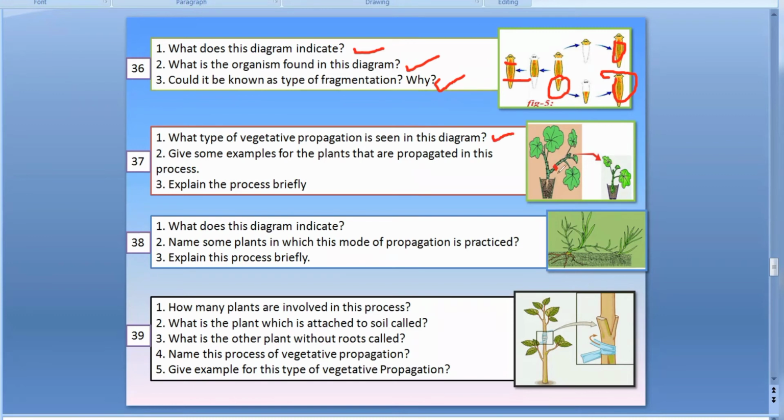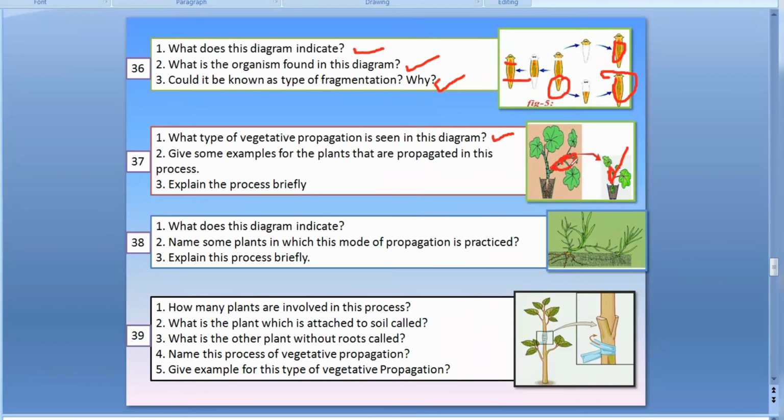Here a part of the plant, a twig, is separated and sown into a pot, and then it develops into a new plant. A part of the plant separated and sown into a pot to develop a new plant is called cutting.